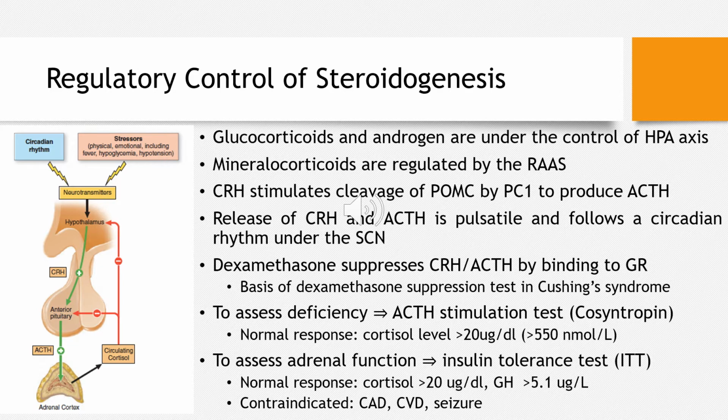ITT also assesses the growth hormone axis, and normally, growth hormone would rise to more than 5.1 micrograms per liter. Now, the insulin tolerance test is contraindicated in patients with seizure disorders or in patients with coronary artery disease or cerebrovascular diseases, as hypoglycemia may aggravate these conditions.